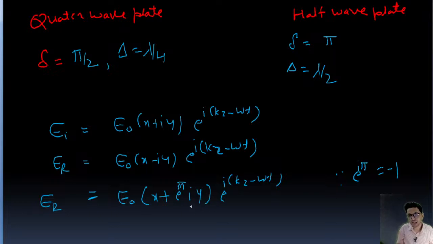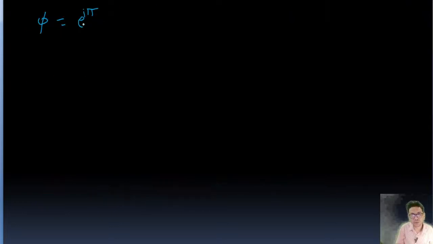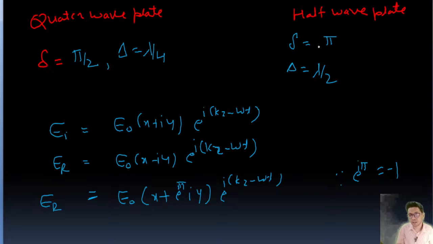Okay, so we can write this. So this means the phase difference is pi. Phase difference pi is for the half wave plate, right?